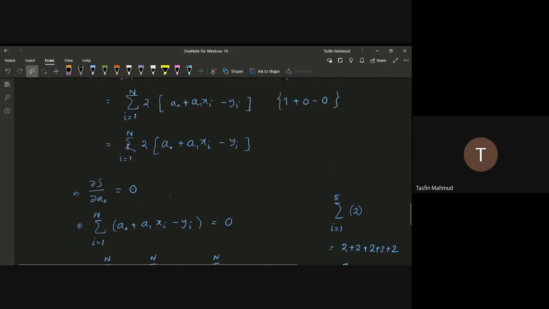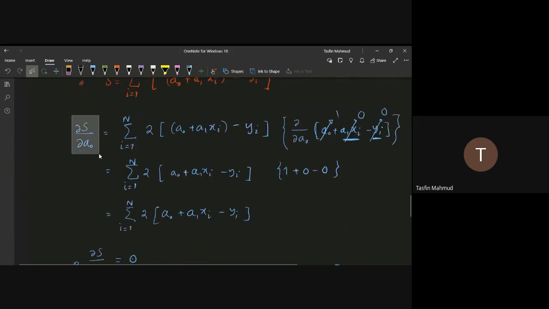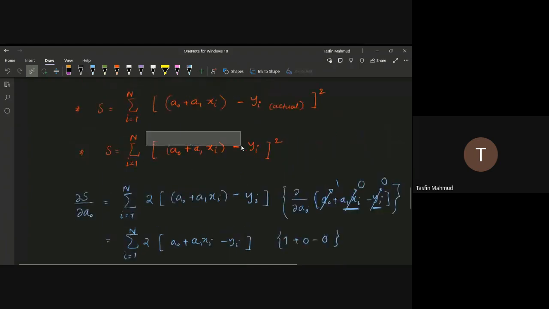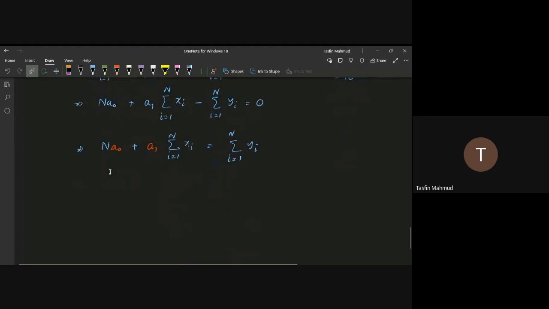Now we will take the derivative with respect to a1. We have considered the derivative with respect to a0, and we will consider differentiating it with respect to a1 to get the second equation. We need two equations, right? To find the value of two unknowns, we need two equations.